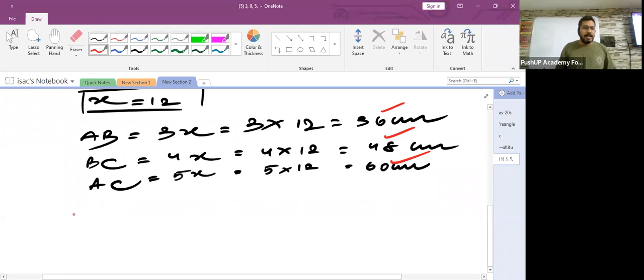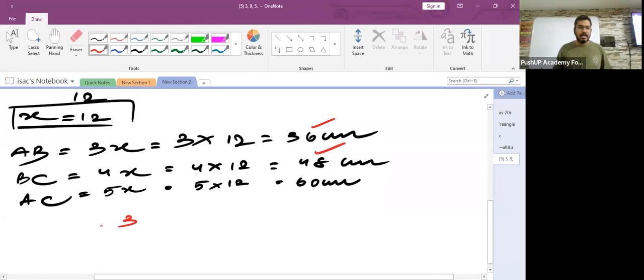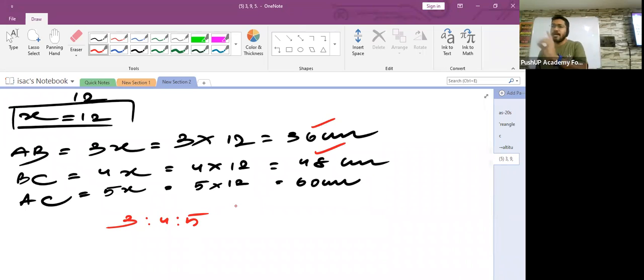You knew that the ratio between all the three sides of the triangle was 3:4:5, isn't it? That was the ratio between all the three sides, 3:4:5. And you also know that these three numbers, 3, 4, and 5, are Pythagorean triplets. The numbers 3, 4, and 5 are what? Pythagorean triplets.